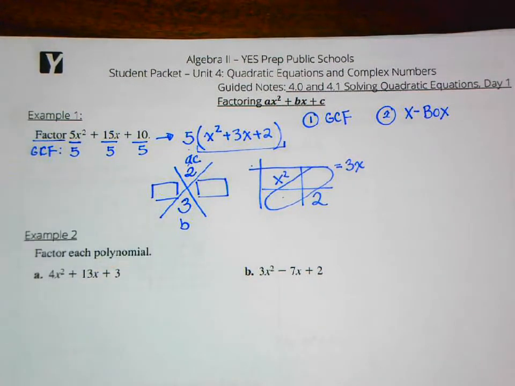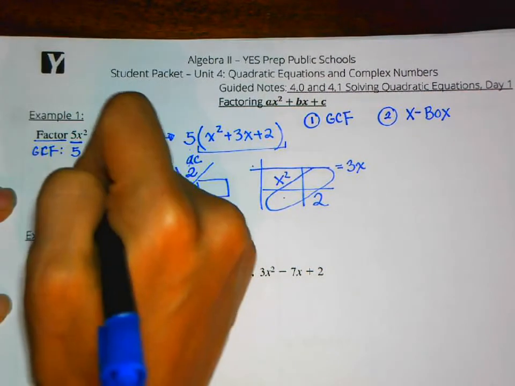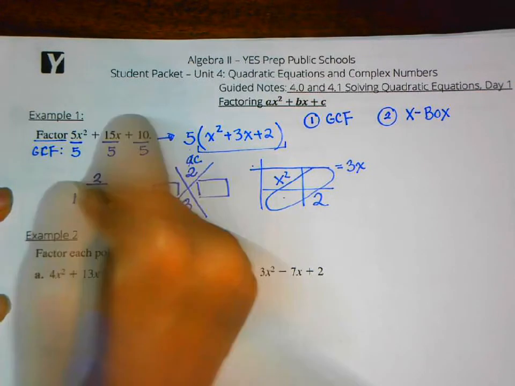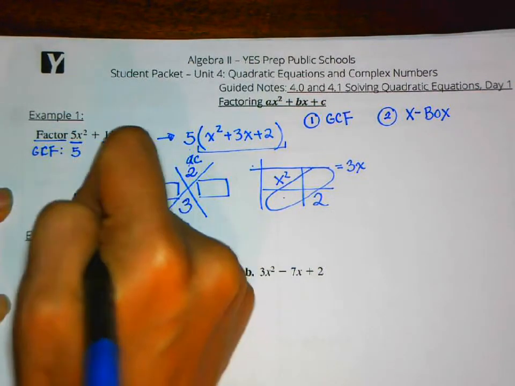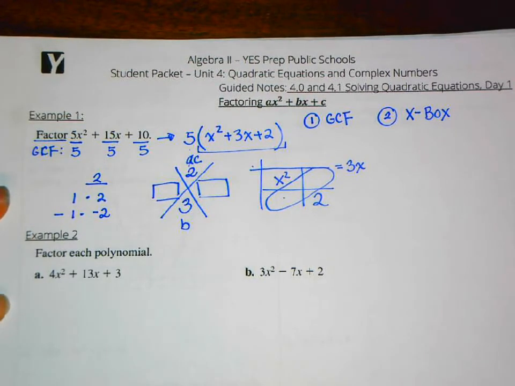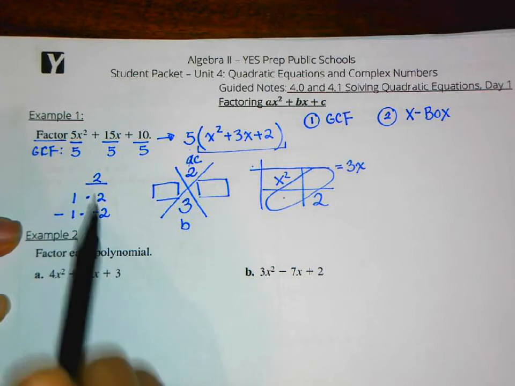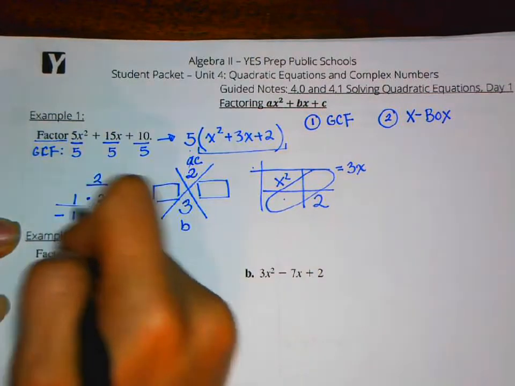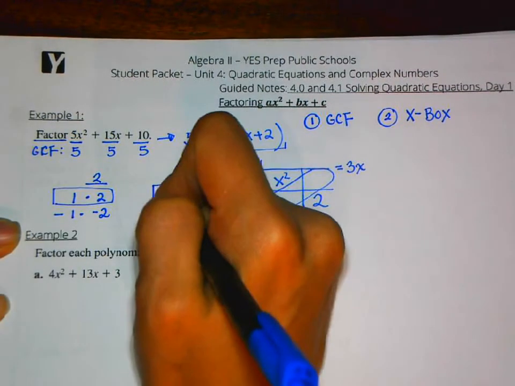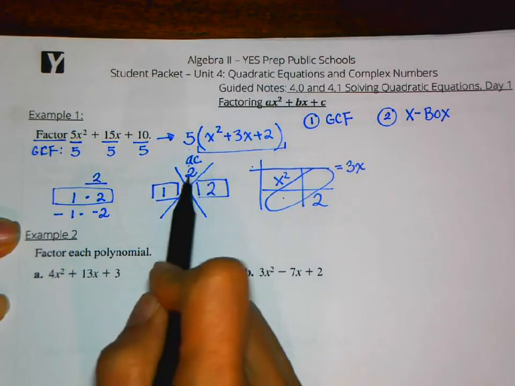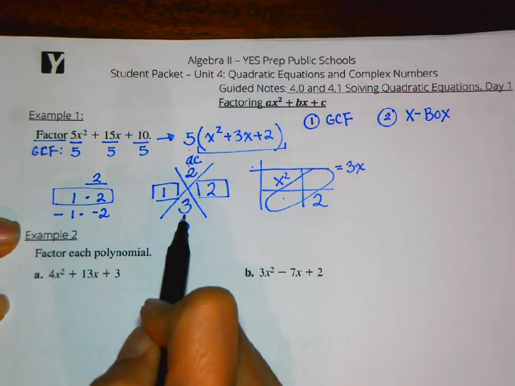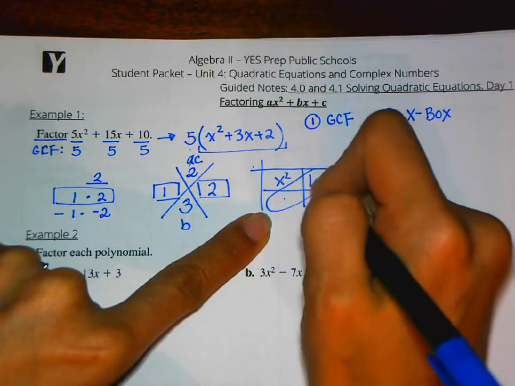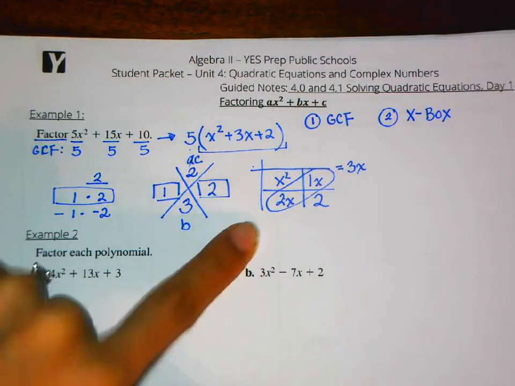Well, I only have two choices to multiply to get 2: I can either have 1 times 2 or negative 1 times negative 2. Which one of these is going to add up to a positive 3? I only have 1 and 2. So that's what goes here. 1 times 2 gives me positive 2. 1 plus 2 gives me positive 3. And these are the two numbers that go in here. I get 1x and 2x.